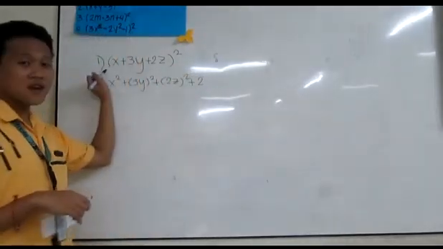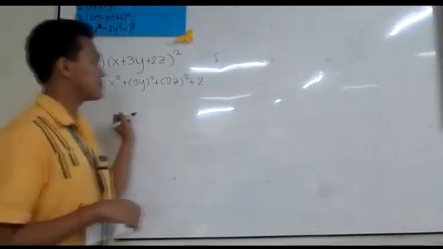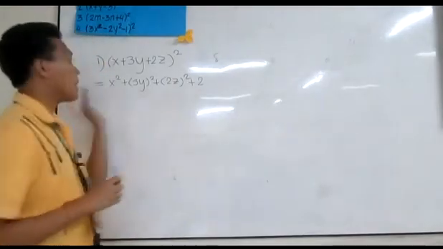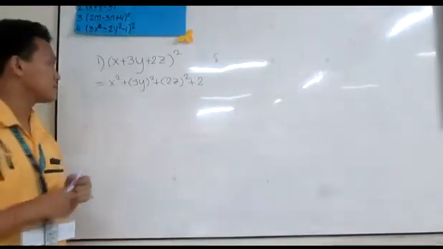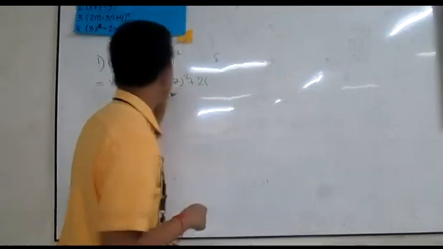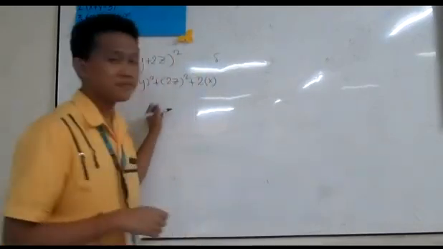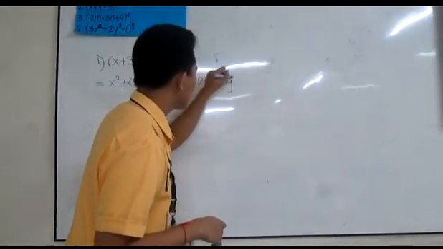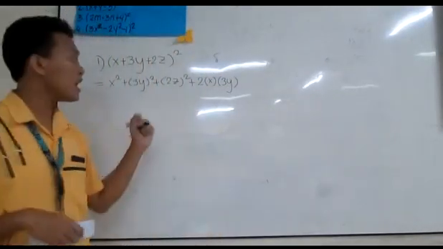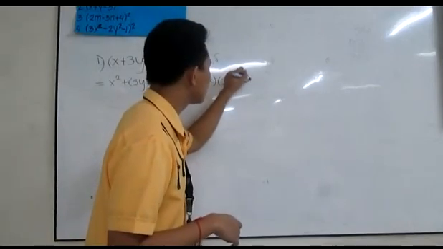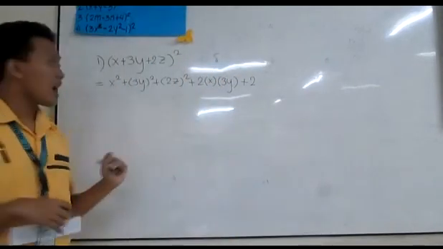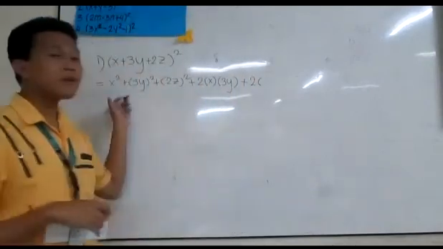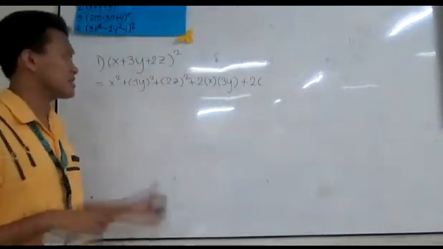And the next one is, don't forget our formula, added to twice the first term and the middle term. I mean twice the multiplication of the middle term and its first term. We have x multiplied to 3y, plus twice the middle term and the last term. Our middle term here is 3y and our last term is 2z.